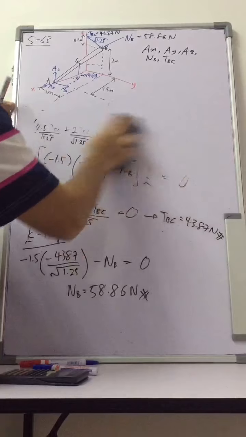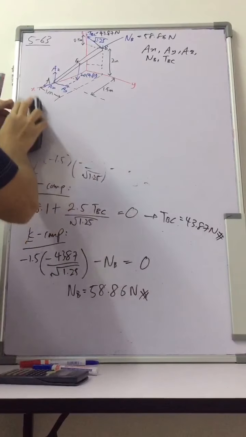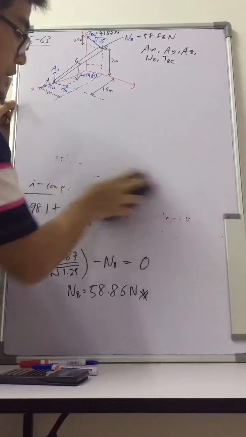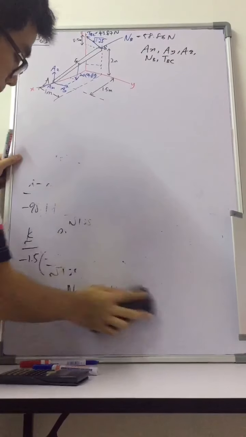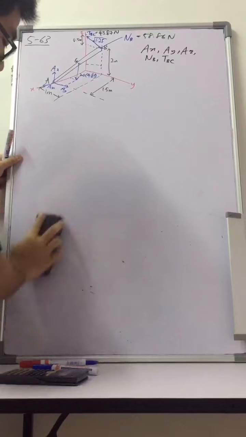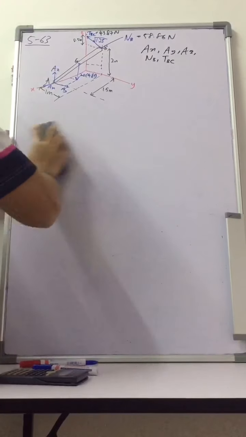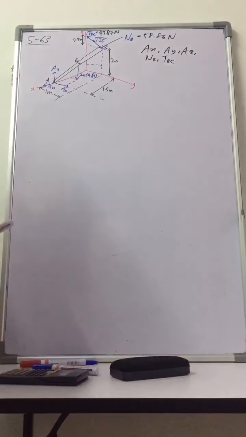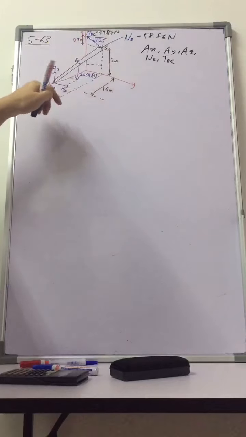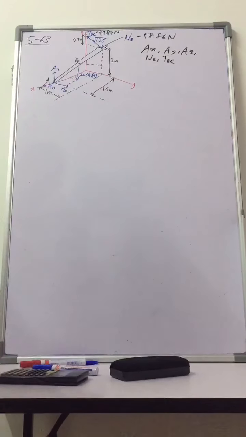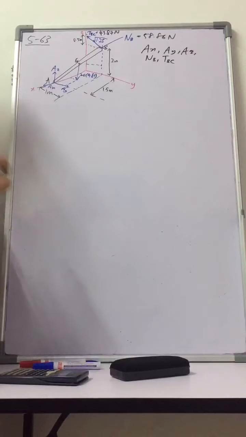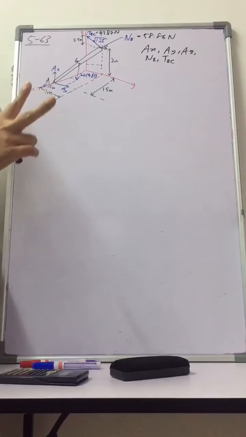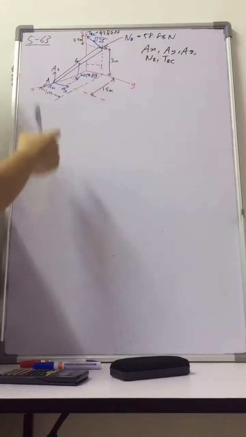So we have solved the two unknowns at point B. Now we have the three other unknowns, the ball and socket reactions at point A. So basically we need to find AX, AY and AZ. Again, something you can see straight away is that you can find AX, because in the X direction there are only two forces, which are NB and AX.